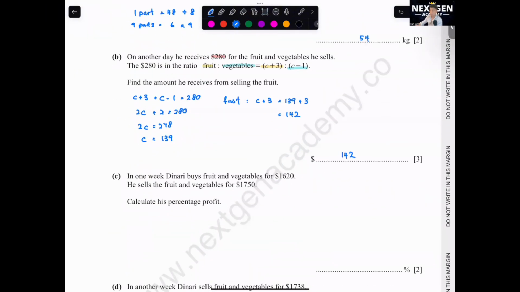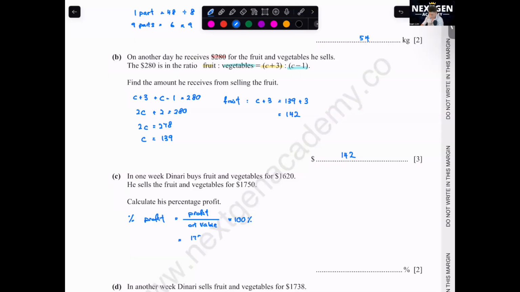Question C. In 1 week, Dinari buys fruit and vegetables for $1,620. He sells the fruit and veg for $1,750. Calculate his percentage profit. Percentage profit is profit over your original value, multiplied by 100%.